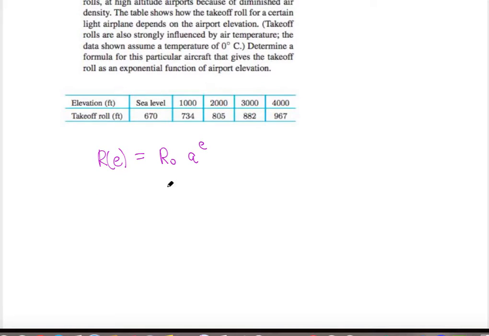So we can do this a couple ways, but we can say that at sea level, where our elevation is 0, we can find our R0. So that means that at sea level, our takeoff roll is 670 feet.